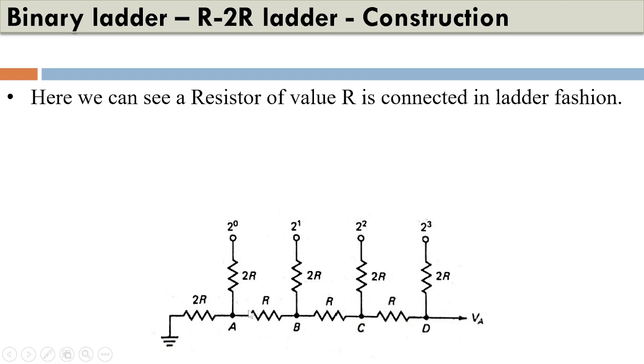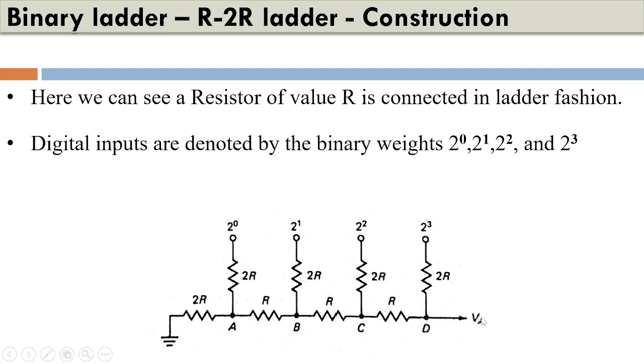We have a ladder network consisting of R and 2R, and this is the output voltage, VA. The digital inputs are denoted by 2 to the power 0, which is 1, 2 to the power 1 is 2, 2 to the power 2 is 4, 2 to the power 3 is 8.